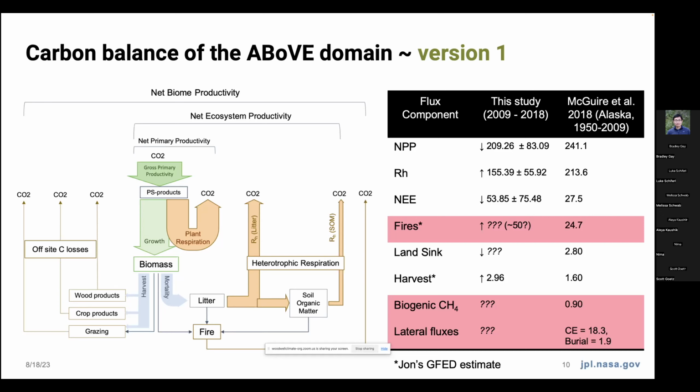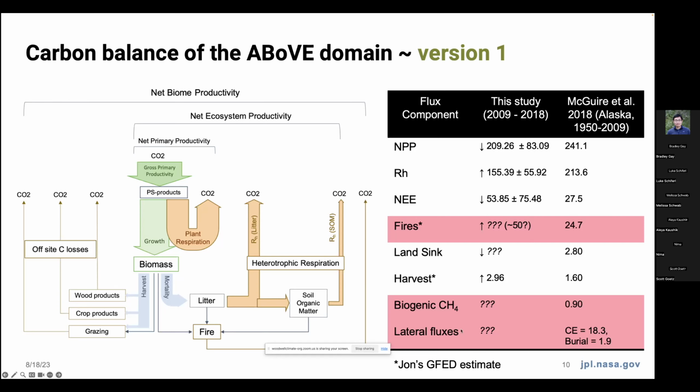And the time periods are all over the place, like a 50-year period versus 5-year versus 10-year. So we thought there was a big need to come up with a consistent set of estimates for the entire ABoVE domain, but also broken up into the smaller ecoregions. I think there is a real need for this kind of study to be done.